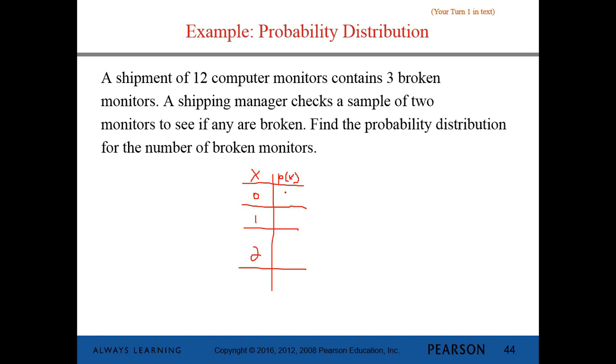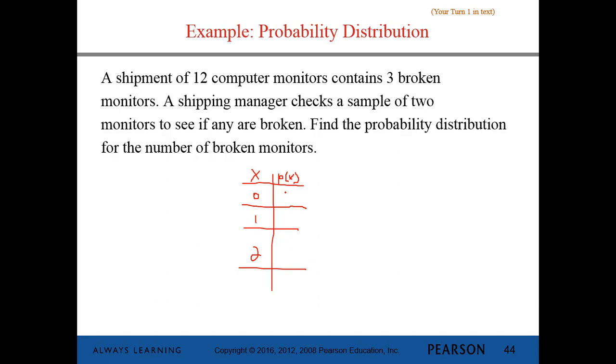Since we're dealing with combinations, let's think about this. We're selecting 2 out of the 12, and we want to know the probability of having 0 that are broken.